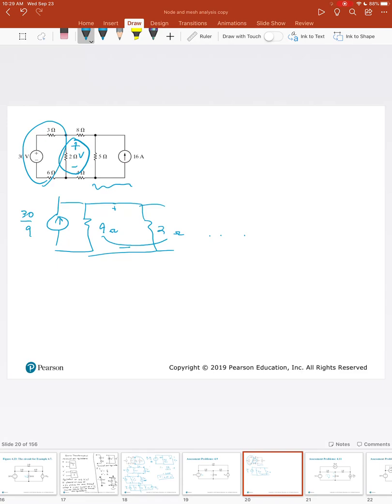So it may be more efficient to do one source transformation, and then rather than try to do repeated ones like I just showed in the previous example, probably easier to stop at some point and say, okay, now I've got 2 meshes, 2 voltage sources. Let me write 2 mesh equations and get a solution. So really that's kind of a matter of personal choice unless you're specifically asked to do something using source transformation.